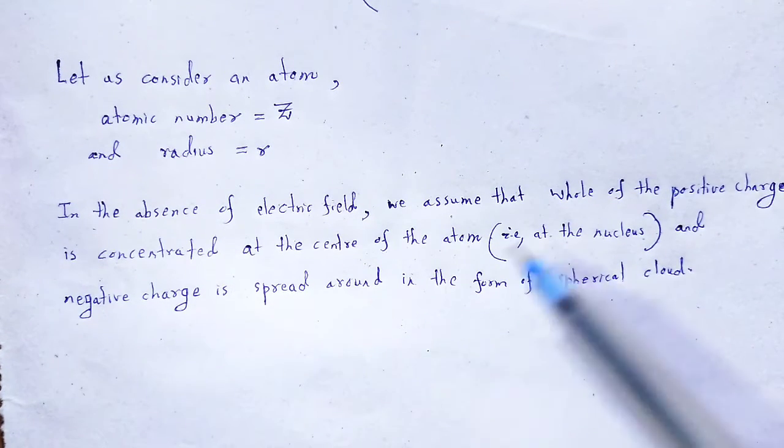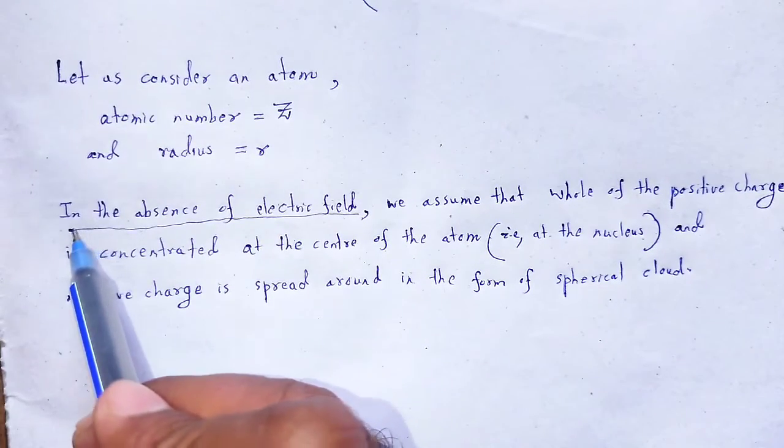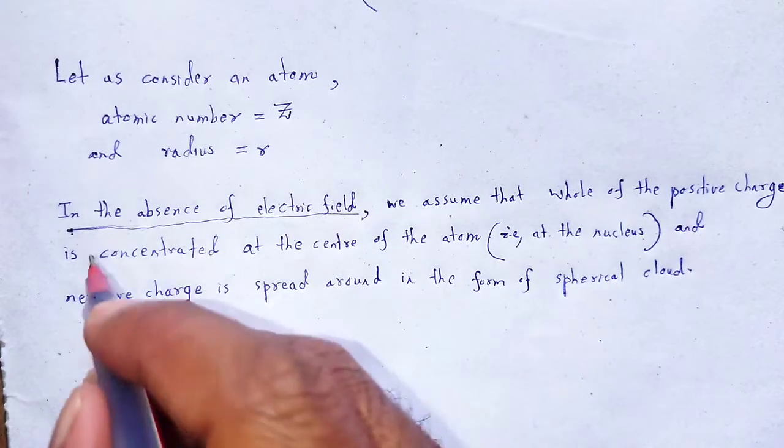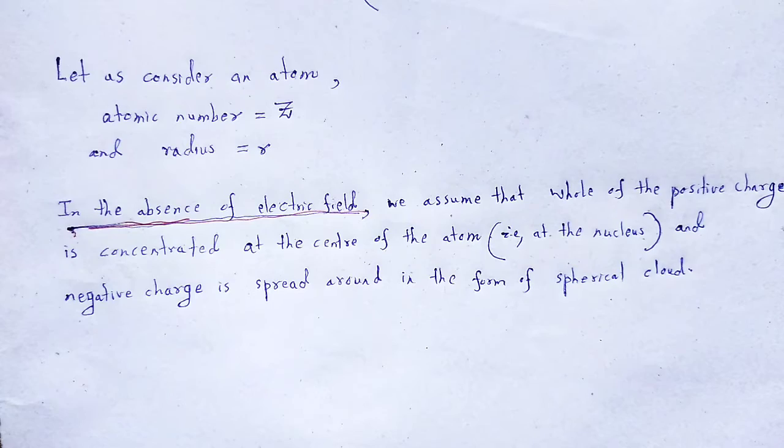In the absence of an electric field, what happens here?